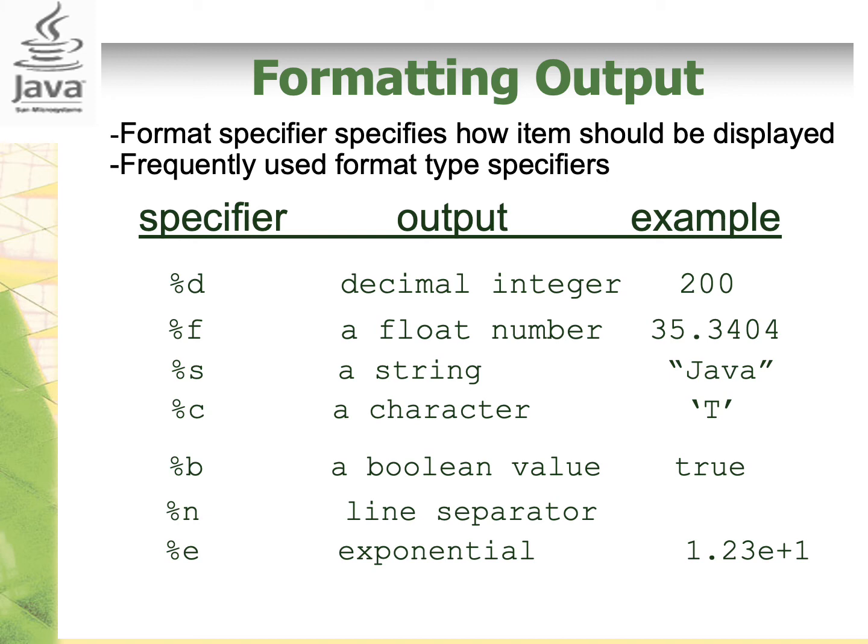If you look over here, for string it uses double quotes, while character uses a single quote. And then we have %b, which refers to a Boolean value, so it can be true or false. And then we have %n for line separator and also %e for exponential value.